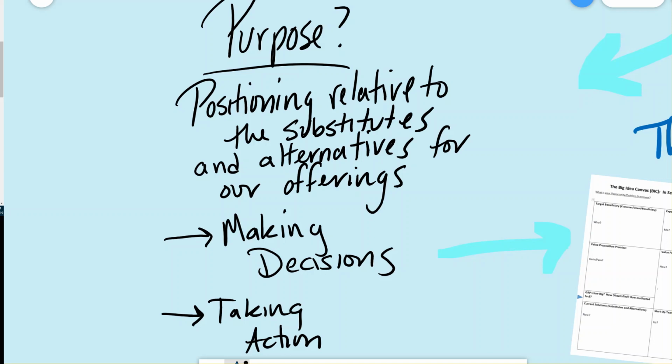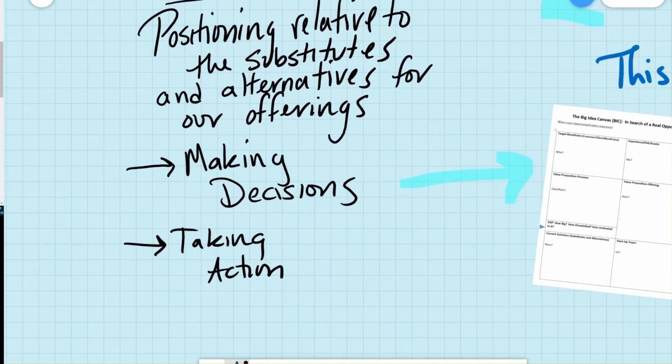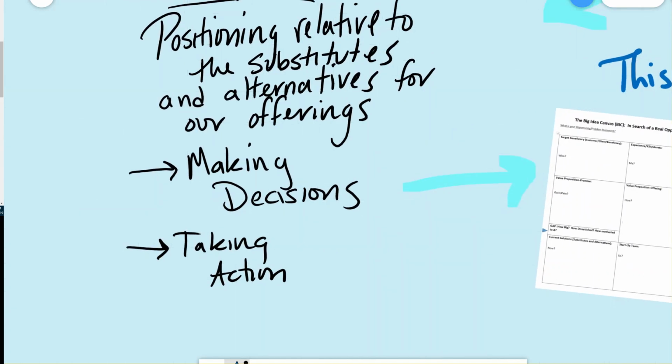These are all, quote, competitive situations because there's limited amounts of resources, there's different choices people have, and you would like people to choose you over others. Anytime that's the case, then we're in a competitive analysis situation. This will help you make decisions. It will help you take action.